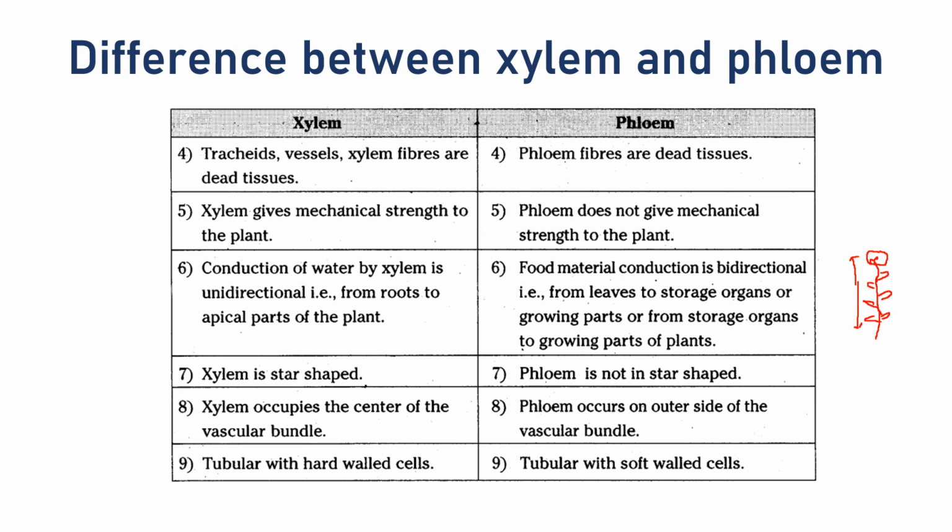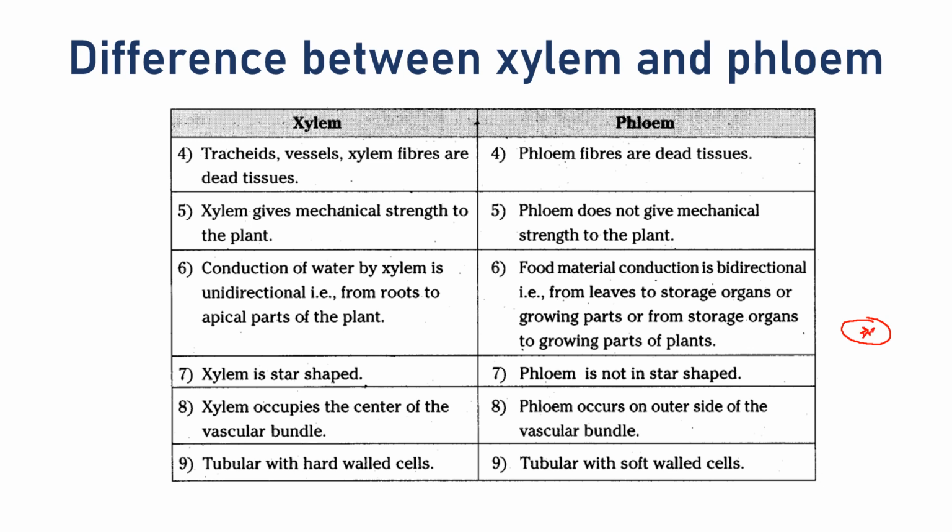Okay, let me just clean this. Now xylem is star shaped and phloem is not star shaped. Xylem occupies the center of the vascular bundle. Phloem occurs on the outer side of the vascular bundle. Now let me show you. If this is a plant, you will find the xylem over here, star shaped, right?